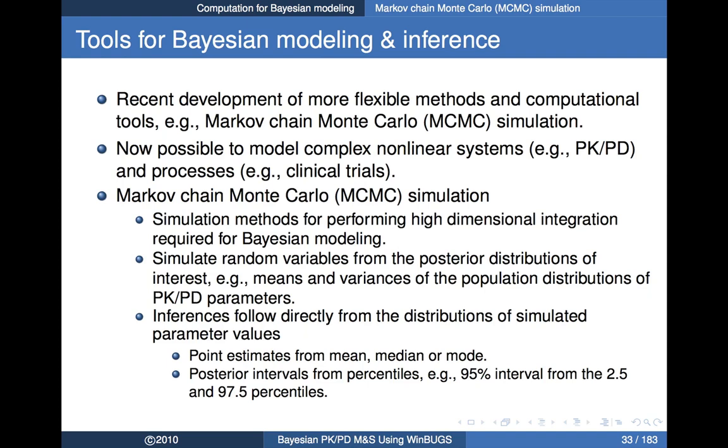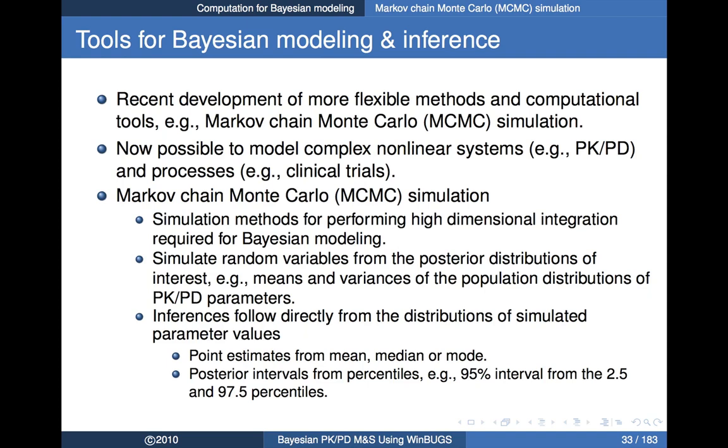So you can deal with situations where you may have tens or hundreds of parameters incorporated in your model, resulting in multivariate posterior distributions with that number of dimensions. They allow you to simulate random variables from posterior distributions of interest, like means and variances of population distributions of PK/PD parameters. And then the inferences follow directly from those distributions.